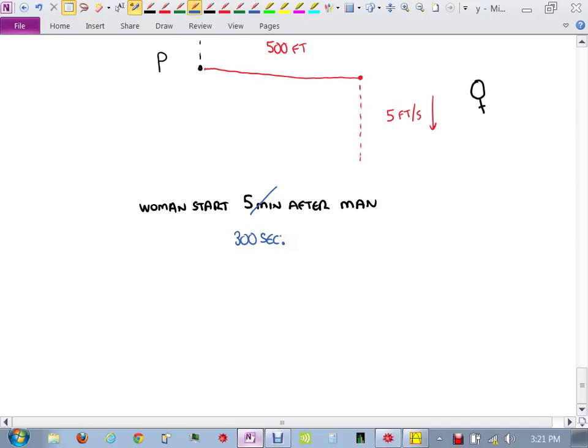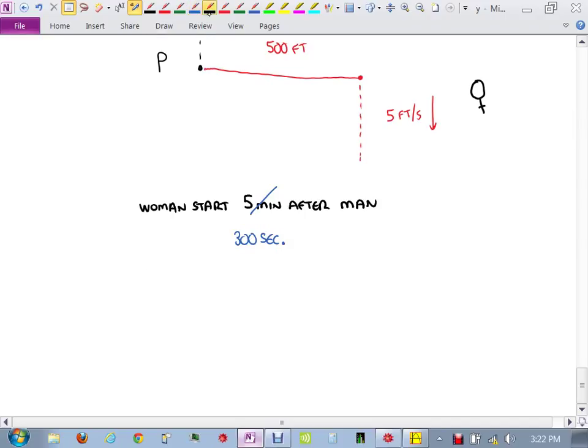300 seconds after the man, right? Then she starts walking, right? At what rate are the people moving apart 15 minutes after the woman starts walking?